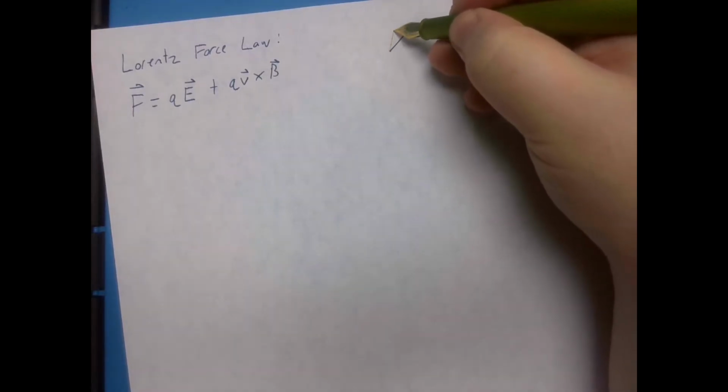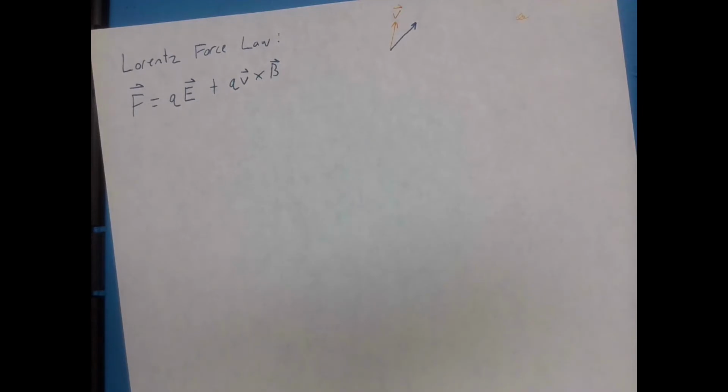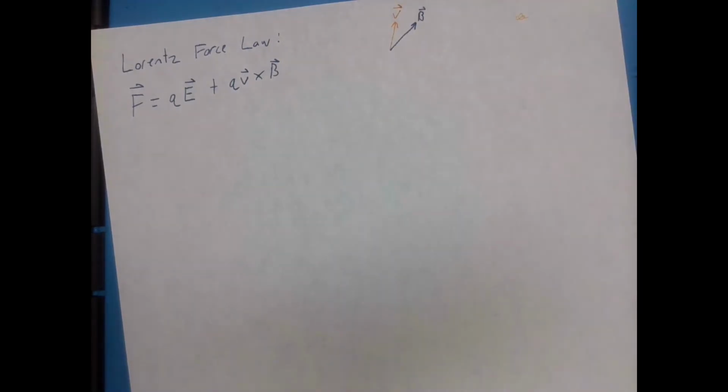And let's say we have a velocity. And this will be your magnetic field. I believe, I'm not 100% sure. Let me double check, actually.